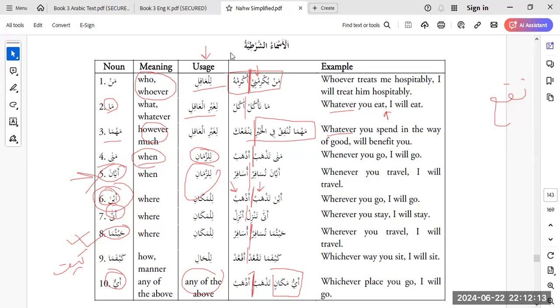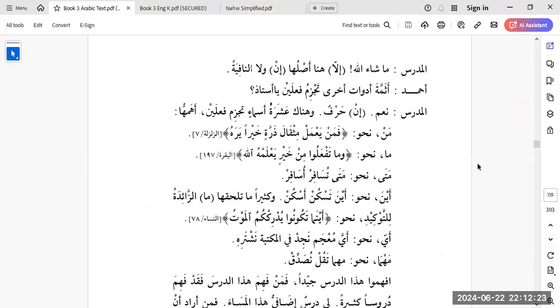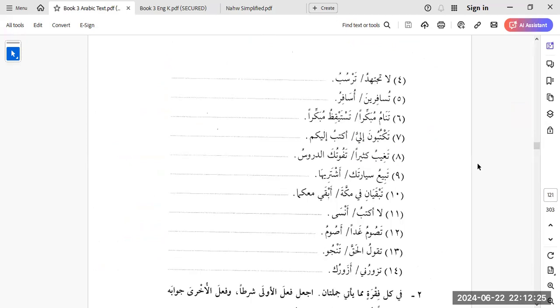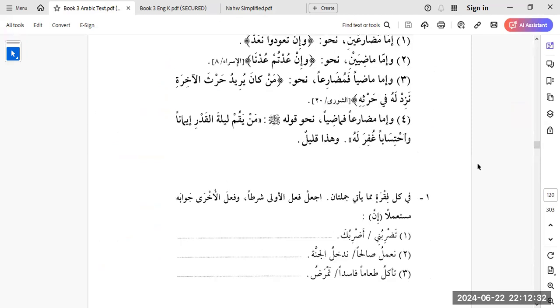And this is exactly the same thing that would be explained by Dr. Abdurrahim in the book. So if you see here, there is an exercise, try to do this exercise. This one, the second one here. He says: في كل فقرة مما يأتي جملتان.